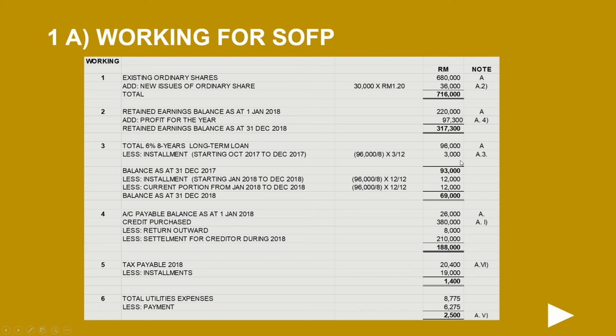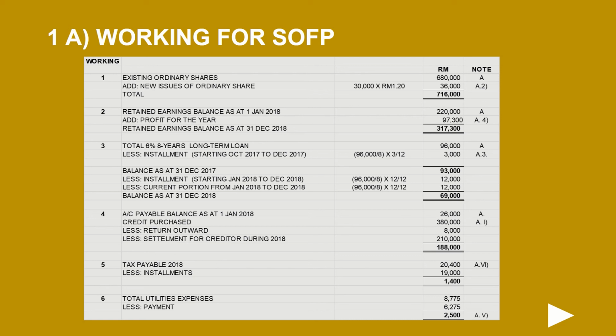And then the balance at the end of the year 2017 was 93,000, which is 96,000 minus 3,000. Therefore 93,000. And we need to calculate the installment for 2018 and also the current portion during the year.